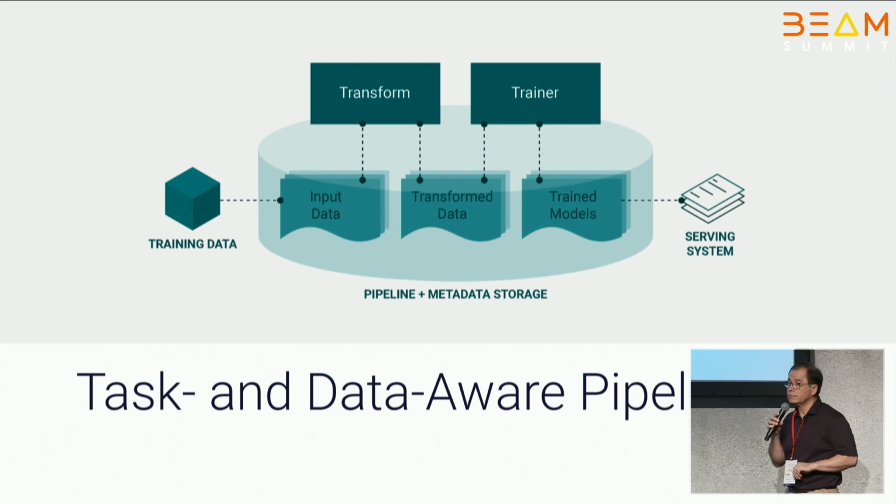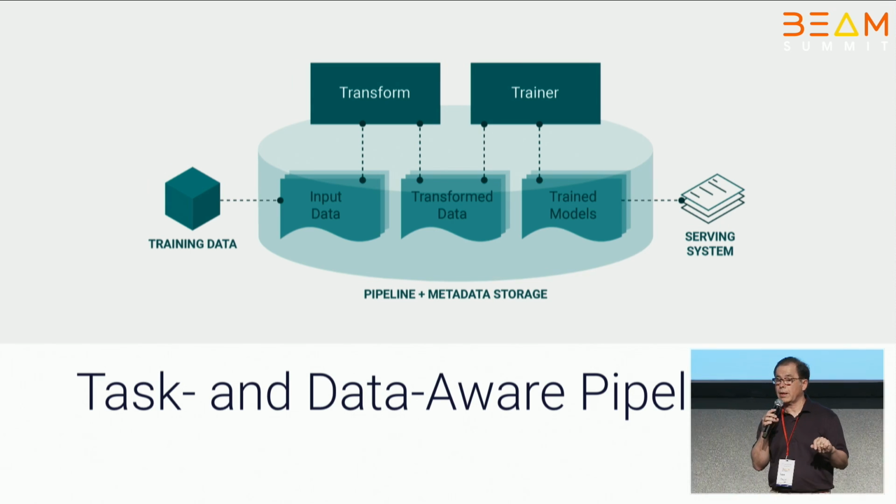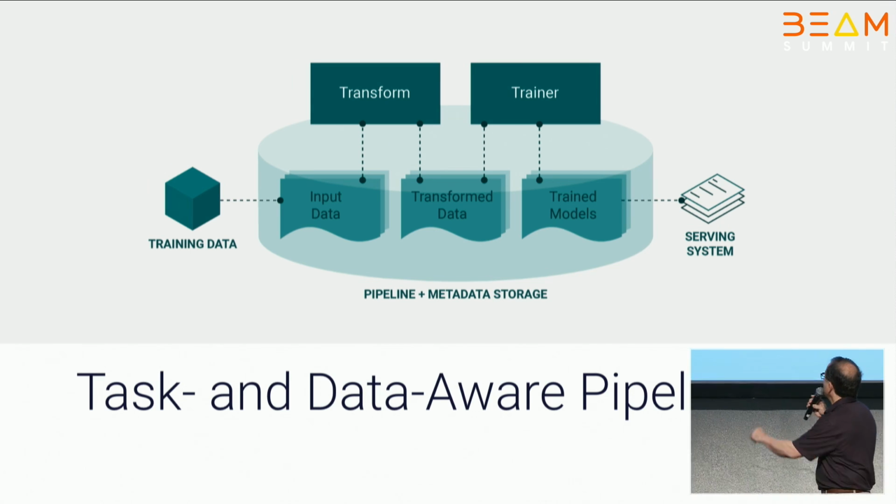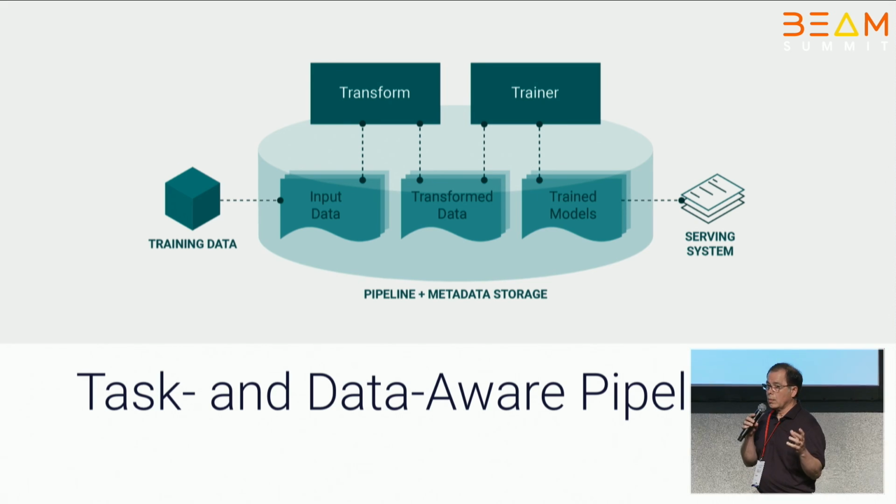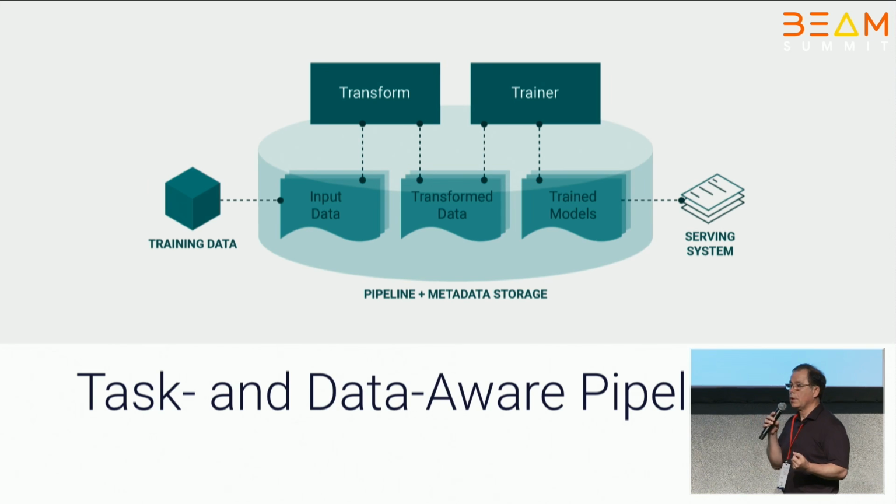So we do task and data-aware pipelines, and really, fundamentally, it's mostly data-aware. So what we're doing is we're taking data in, we store it in a metadata store as artifacts, and we run our components based on the state of the data in the metadata store. So it's aware, the metadata store becomes the environment in which the component lives.